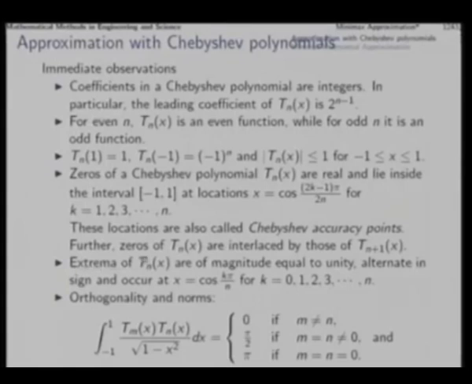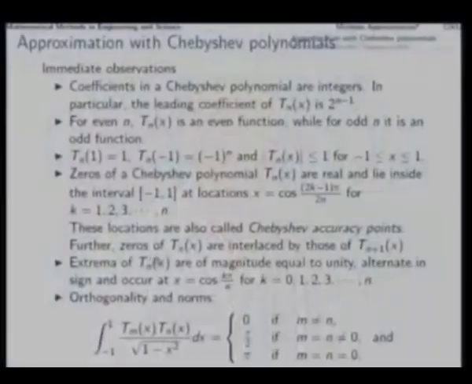And this next property, extrema of Chebyshev polynomials, is a very unique property which no other family of functions possesses, and that is all extrema of the Chebyshev polynomial T_n are of equal magnitude. Magnitude is unity, and they alternate in sign and occur at these values of x.